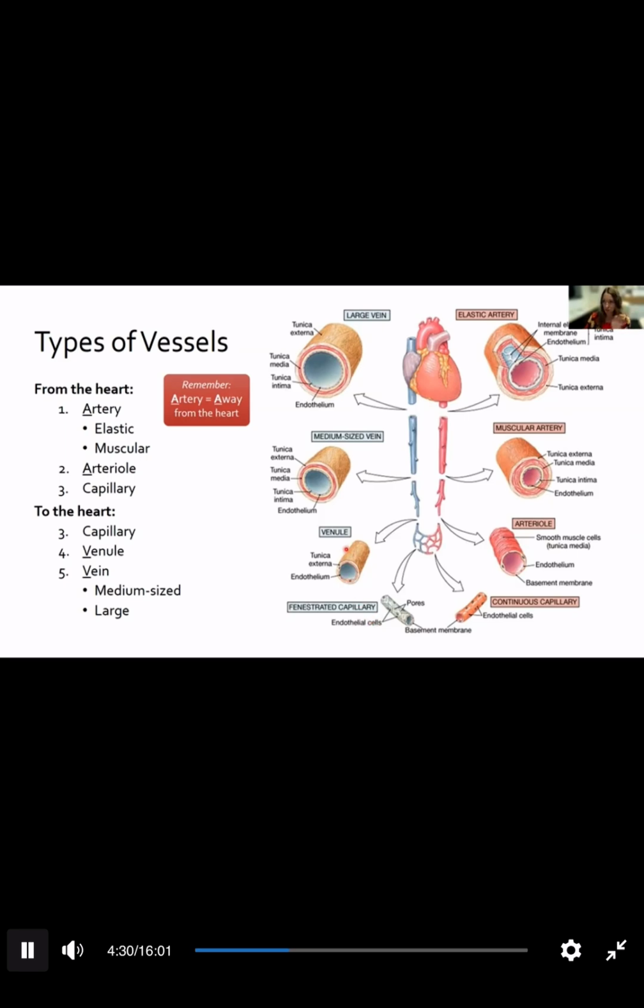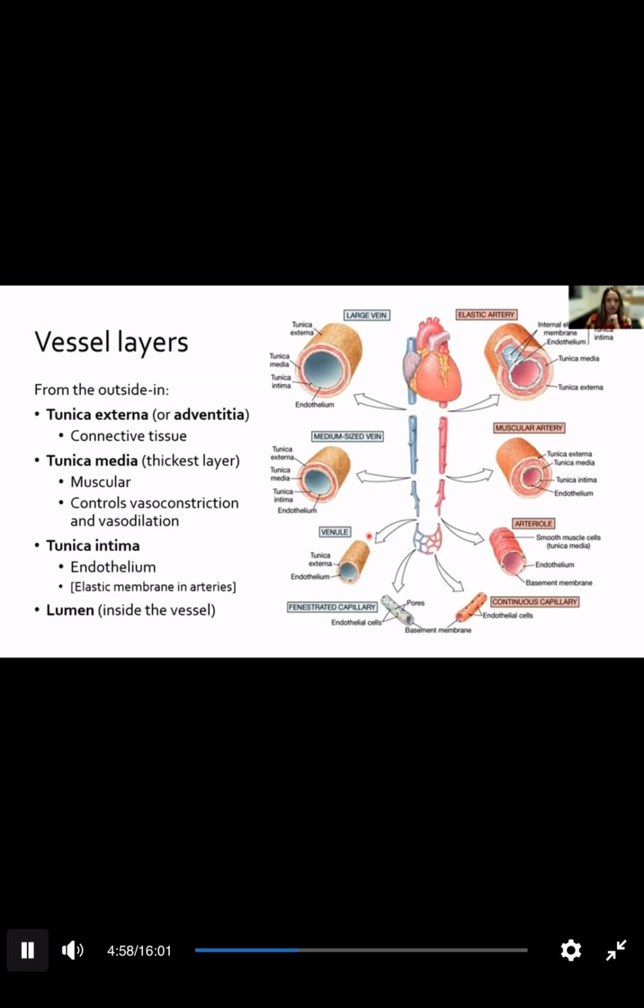Those capillaries deliver blood into venules, so small veins. The venules, which also have less thick tissue because they're pumping lower volumes of blood, then move on to medium and then to large size veins. Venule for small vein. These small veins push blood into larger veins, so medium sized and large veins.